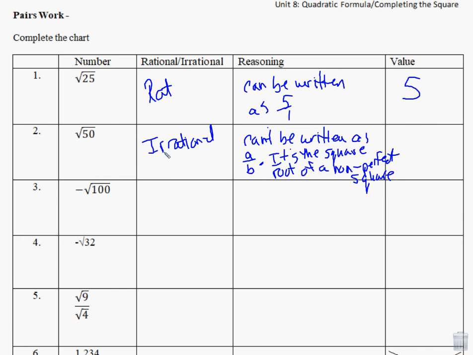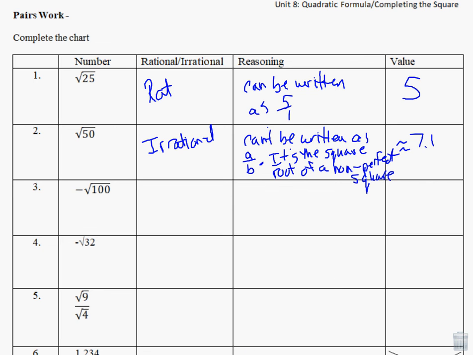If you use your calculator, it will tell you approximately what it is, but I can kind of think about it in my head. I know the square root of 49 is 7, so this is a little bigger than 7. It's definitely smaller than 8, because 8 times 8 is 64. I don't know, is it about 7.1 maybe?